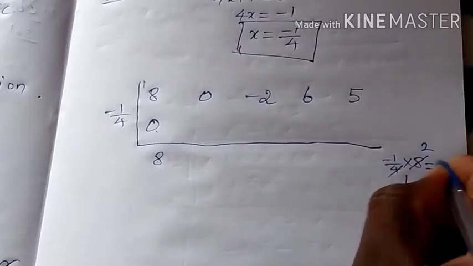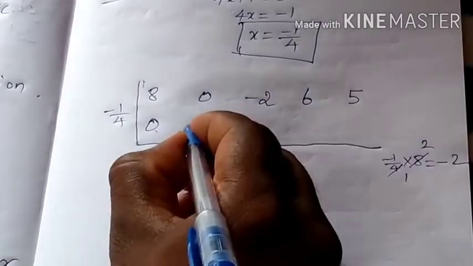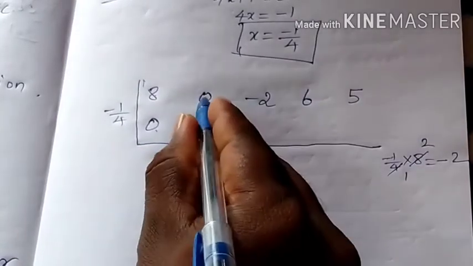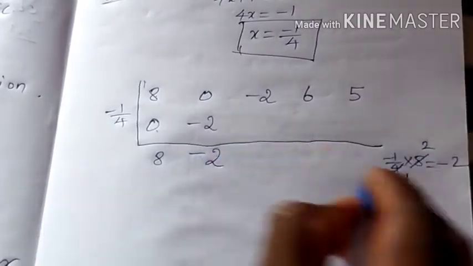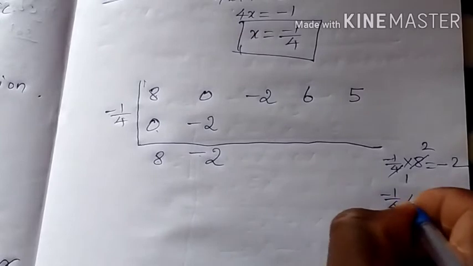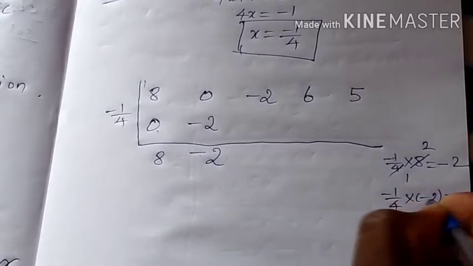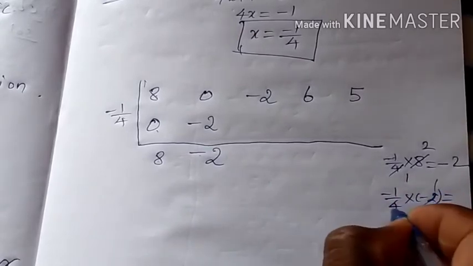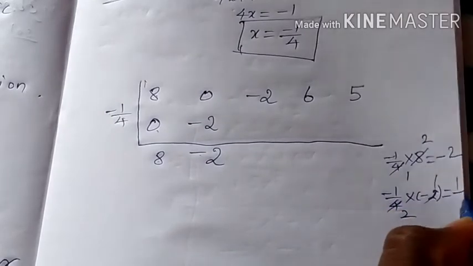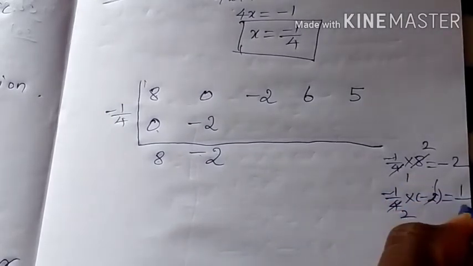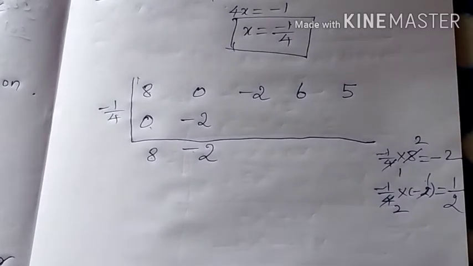Minus into plus, minus 1 twos are 2, so minus 2. Then the sum of these two values is minus 2. Minus 1 by 4 into minus 2: 1 twos are 2, 2 twos are 4. Minus into minus is plus, 1 ones are 1. 1 by 2 is the remainder.